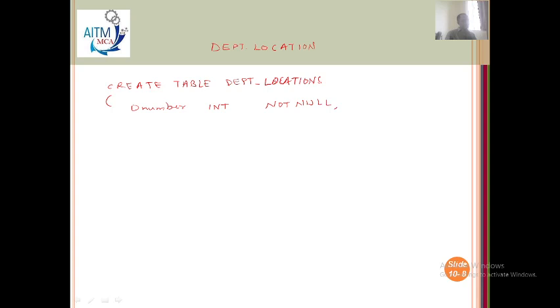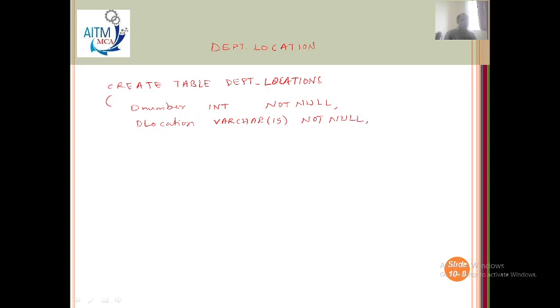Clear? And another one is DLOCATION. Here it is VARCHAR, size is 15. This is also NOT NULL. Why is it not null? Because whenever a department is there, it has to be in some place, in some location. Hence it is NOT NULL.